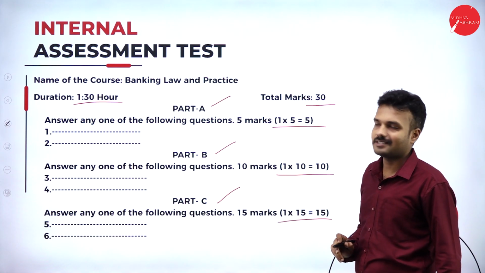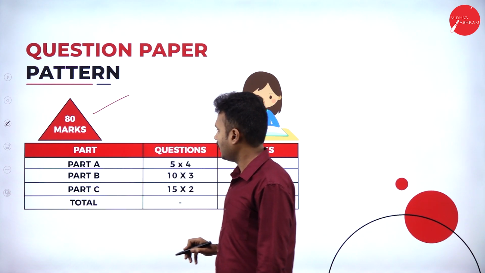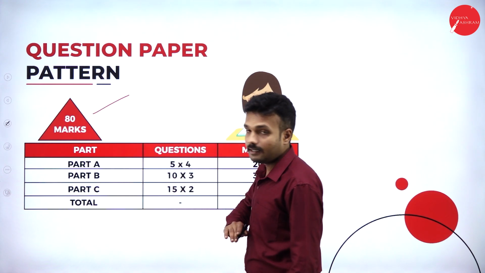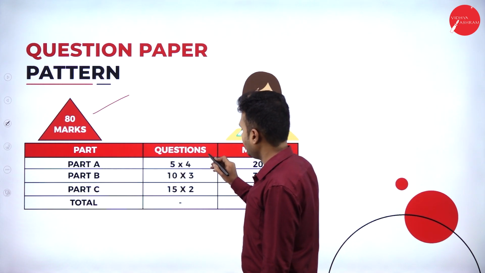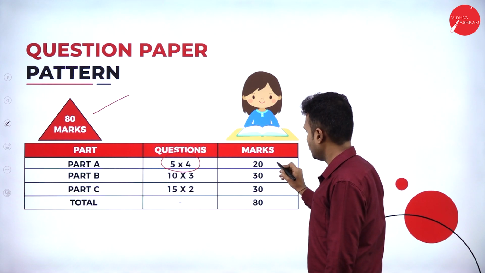This is the final exam question paper pattern. This question paper is for 80 marks, which consists of part A, part B and part C. In part A, you are going to attend 4 questions of 5 marks, that is 5 fours are 20.